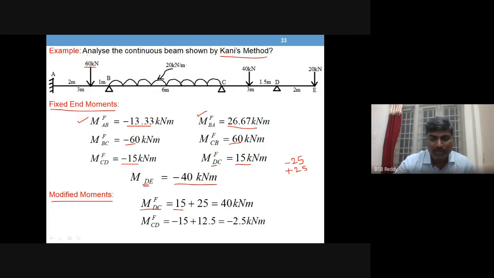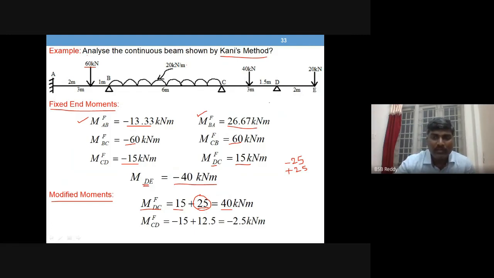So to make 15 to 40, you have to add plus 25 so that it becomes 40. So sigma MD is equal to 0. So you have applied plus 25 at D.